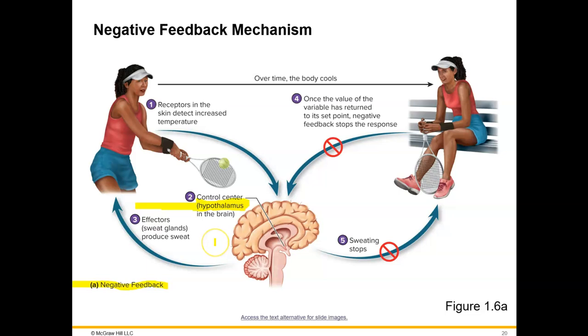So if it was opposite, if you were too cold, the hypothalamus would send signals to your muscles and cause you to shiver, and your body temperature would rise back to the set point. But anyway, the hypothalamus is like the body's thermostat. It's the control center of the negative feedback loop that controls body temperature.